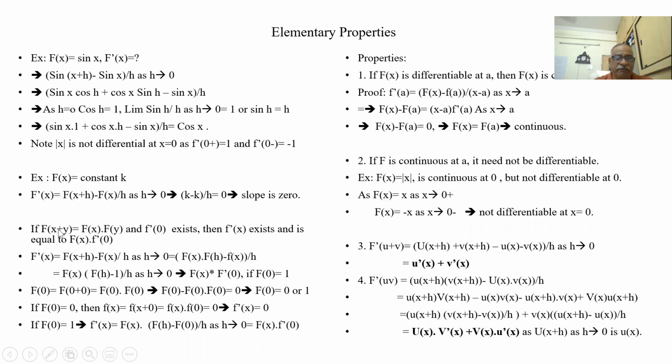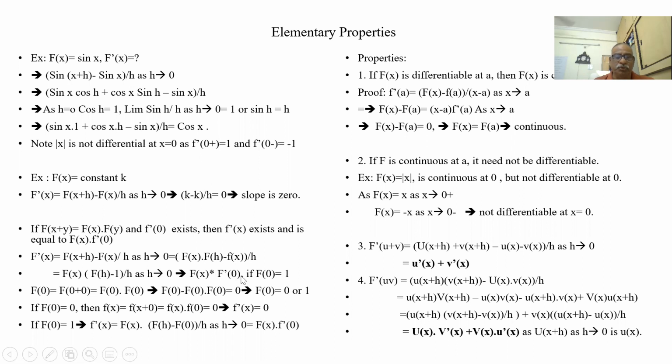But it is given f of x plus y is equal to f of x into f of y. So f of x plus h is equal to f of x into f of h. So if I take out f of x outside, this f of h minus 1 by h as h tends to 0 is nothing but f dash 0. So f of x into f of h minus 1 by h as h tends to 0 is f of x into f dash 0.